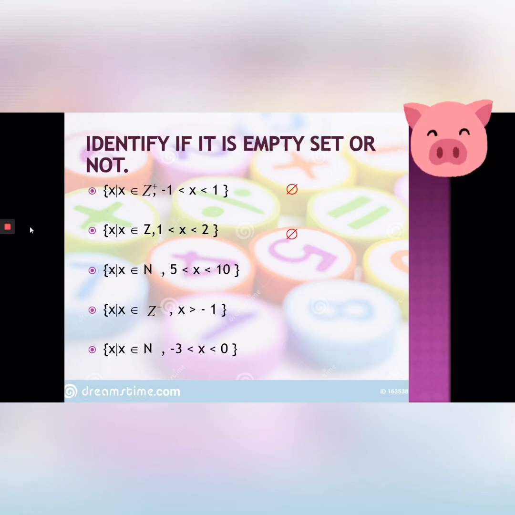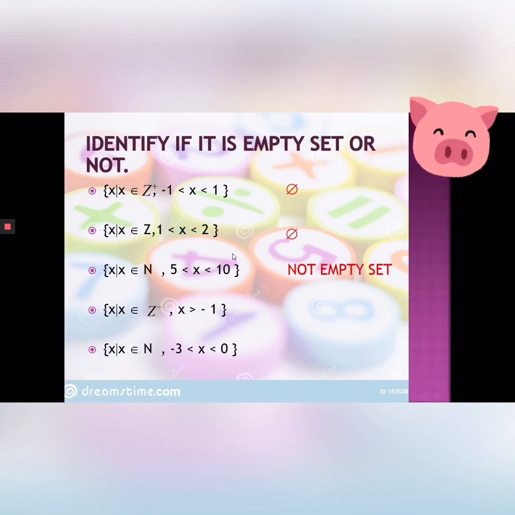Okay, so that is the definition of a natural number. Now it shows in this problem that x should be greater than 5 and x is less than 10. The elements here are 6, 7, 8, and 9. So we have elements, right? So this is definitely not an empty set.